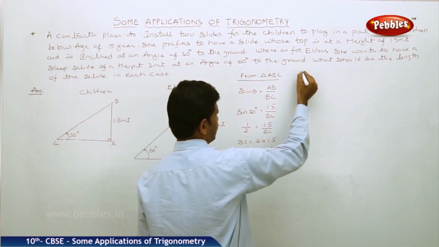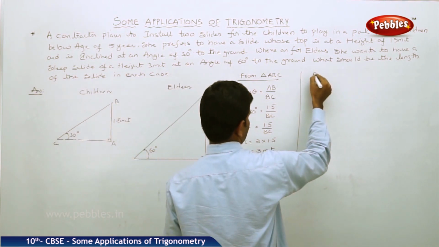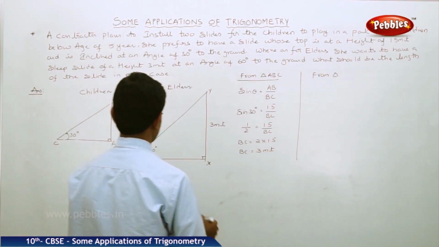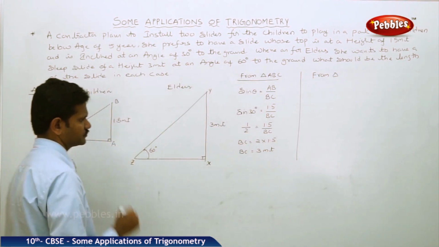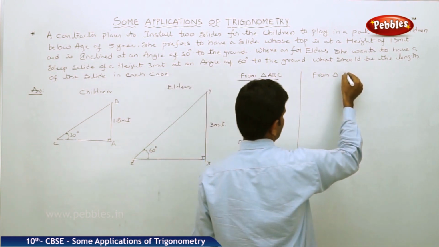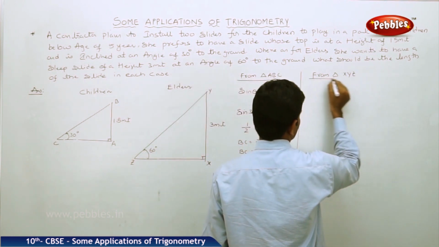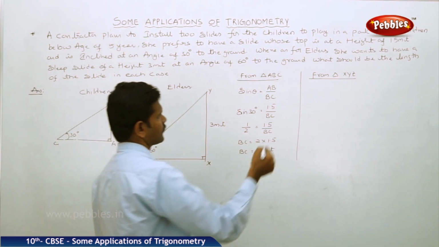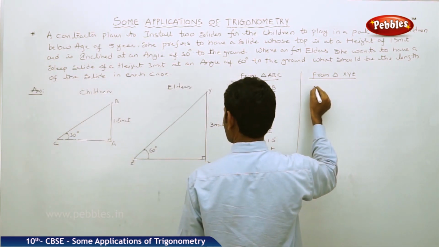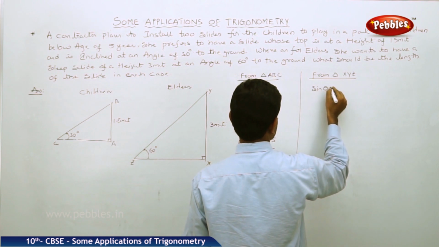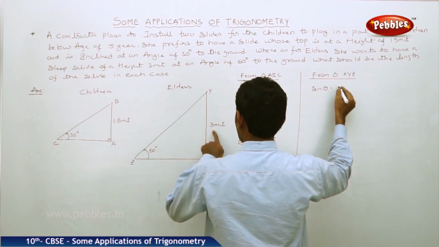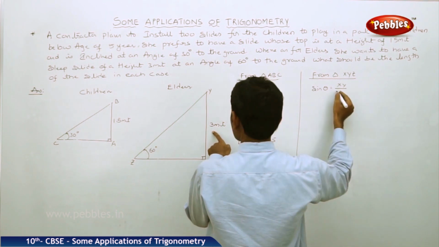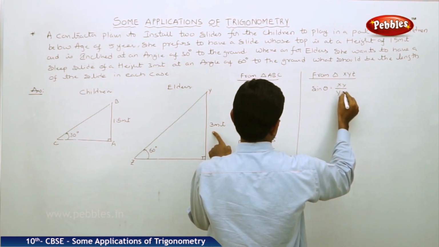Now, we'll come to the second case. From triangle XYZ, again sin theta is equal to opposite side XY by hypotenuse YZ.